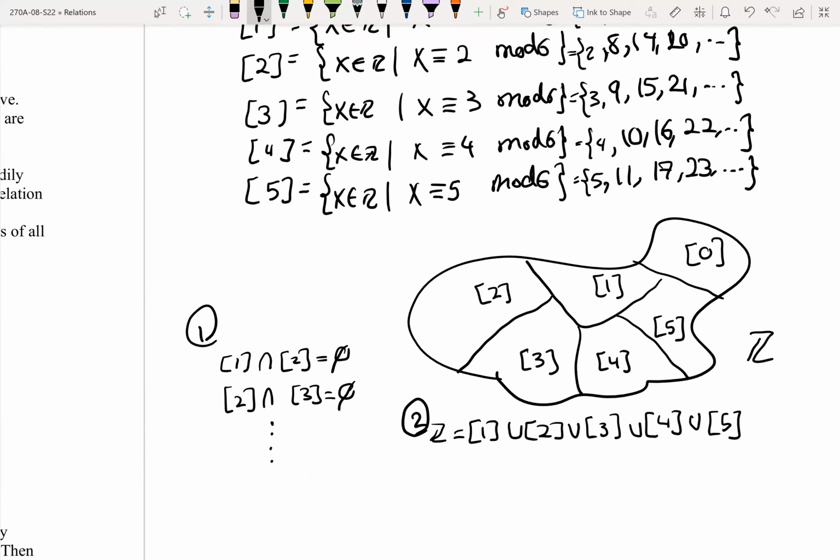That's what we call partitions. For partitions, we need to have no intersection, and we need the whole collection of classes of equivalency to make up whichever domain you have. Here it is integers.